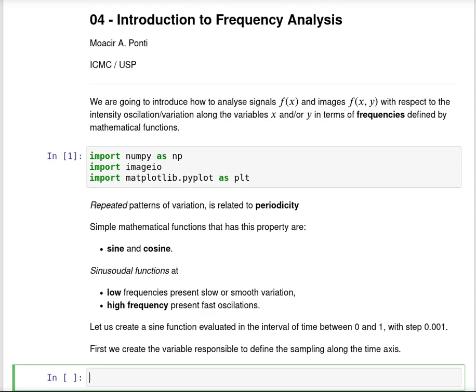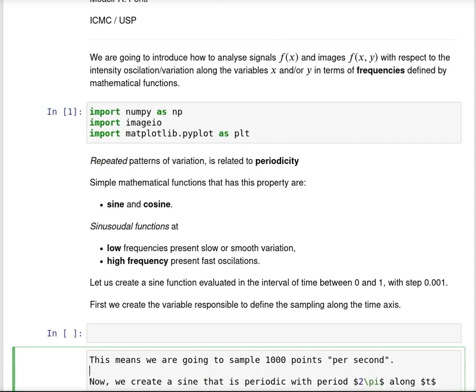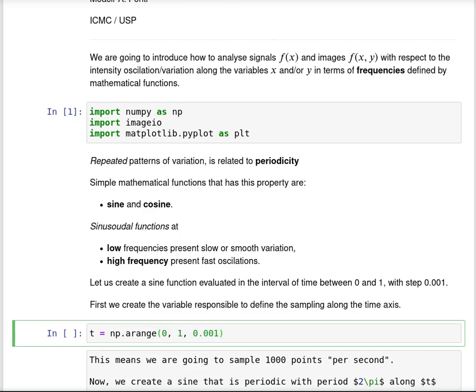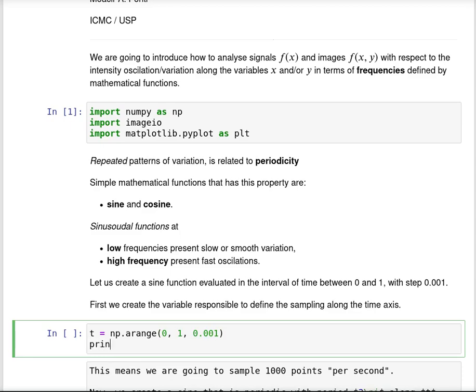So in order to show that, I'm going to create here a space of times, a variable that changes along time. This is going to be a vector in between 0 and 1 with step 0.001 in order to create a number of observations.